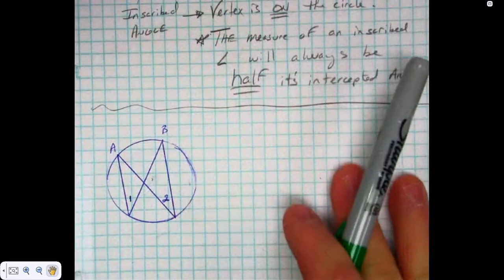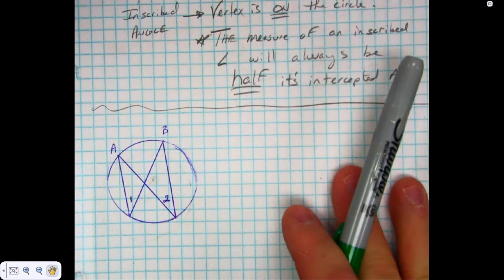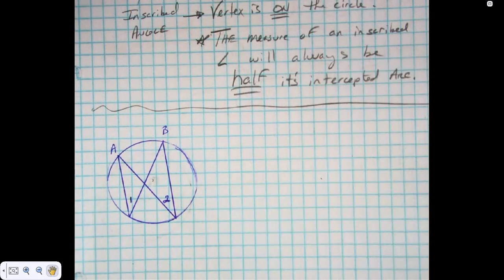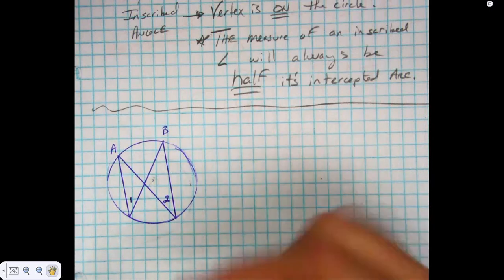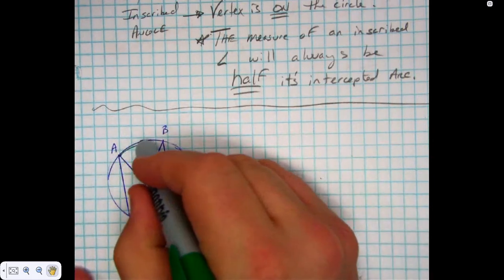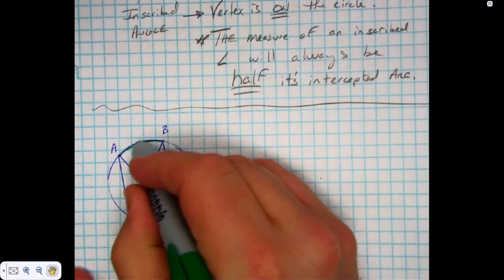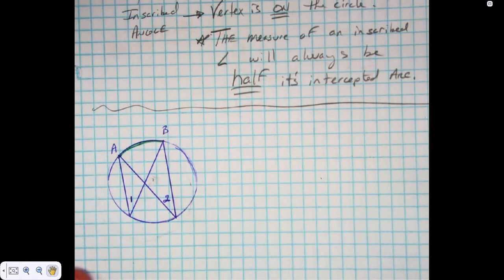So if you look down here, what arc does angle 1 intercept? Arc A to what? A to B, correct? What arc does angle 2 intercept?